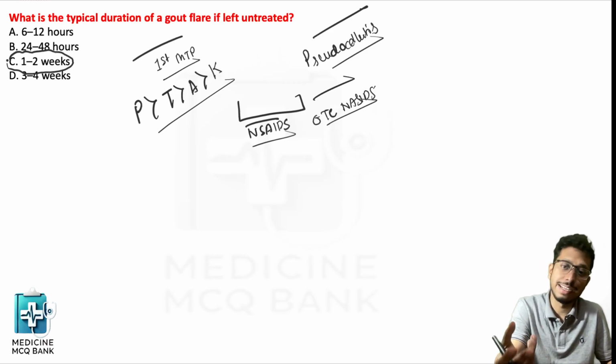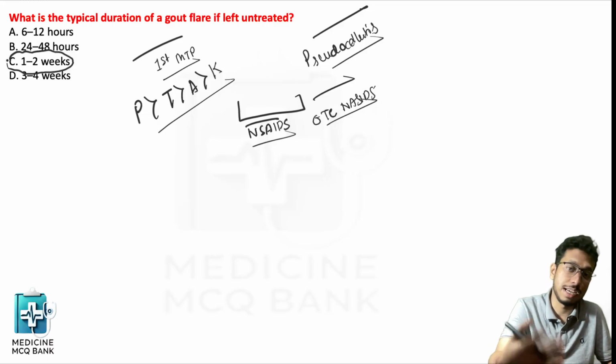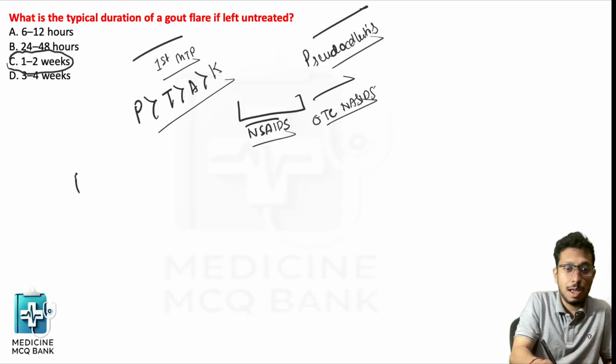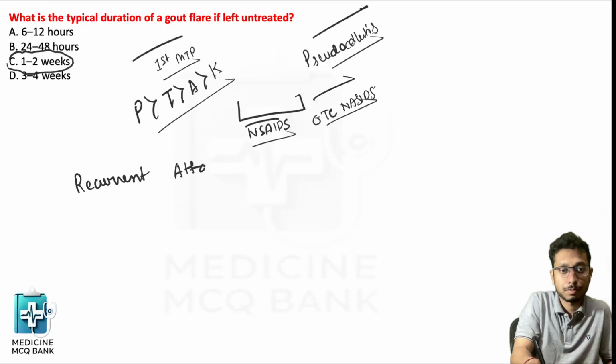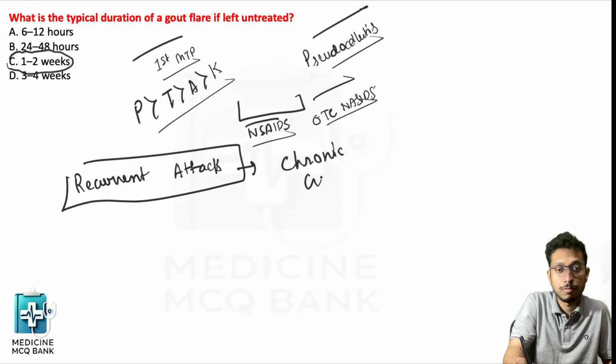Therefore, the pain is relieved with NSAIDs, which the patient often takes, and within 1 to 2 weeks the pain relieves. So the person will have many such episodes of recurrent pain in which the patient will quickly take the anti-inflammatory medication and get relief. So there will be multiple episodes of recurrent attacks, ultimately leading to chronic gouty arthritis, right?